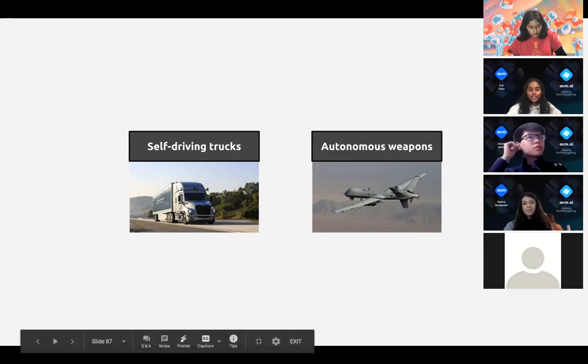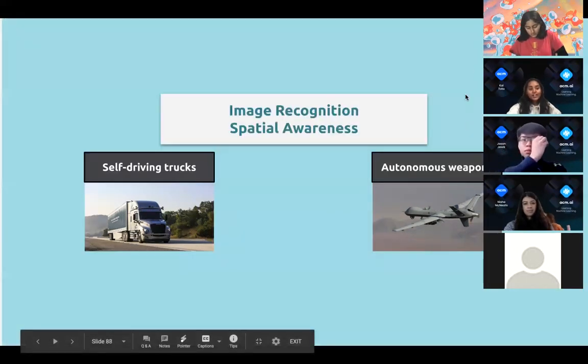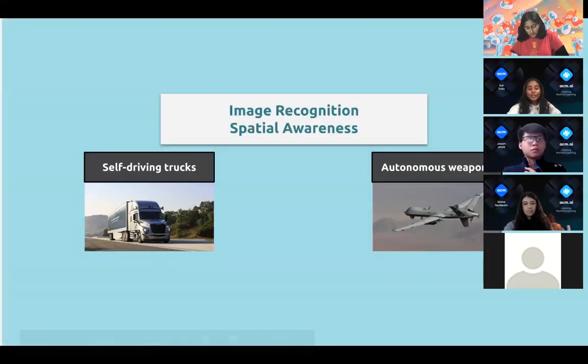But if we look a little deeper, we can see that they are not completely different. Both self-driving trucks and autonomous weapons use the same underlying type of AI. They both have image recognition and spatial awareness. Image recognition is, like we talked about, a self-driving car being able to identify what is a lamppost and what is a person.